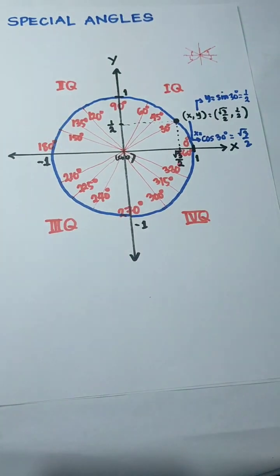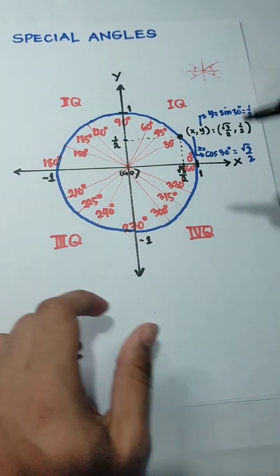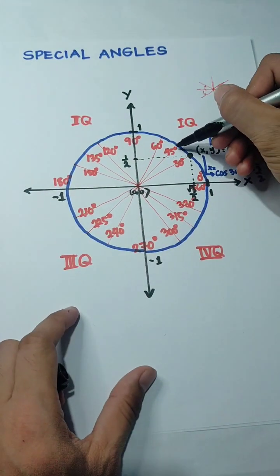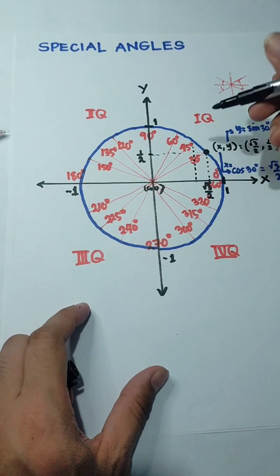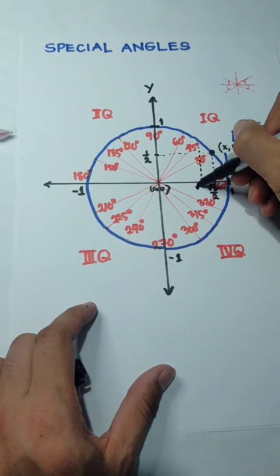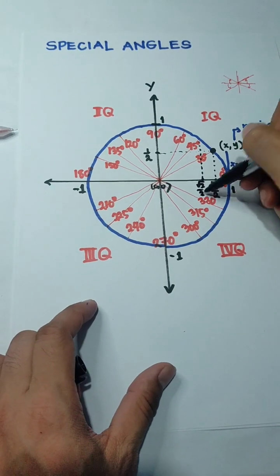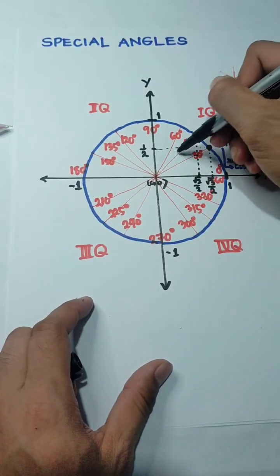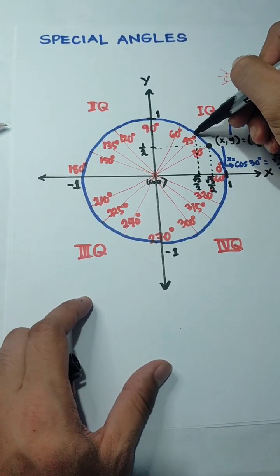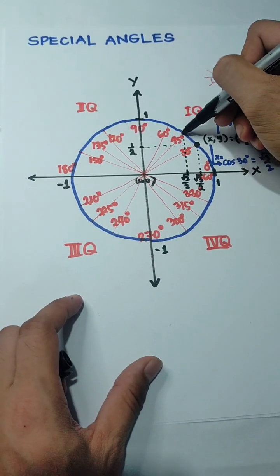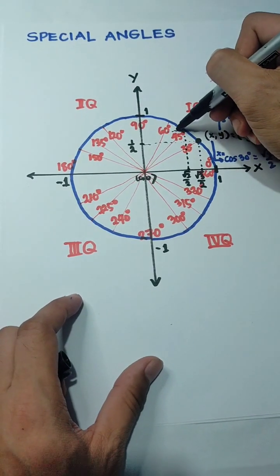All right, now moving to the other special angles. Here, our 45 degrees, the special value for our x is square root of 2 over 2. And our y, since this is half of the quadrant, they have the same x and y values as well.